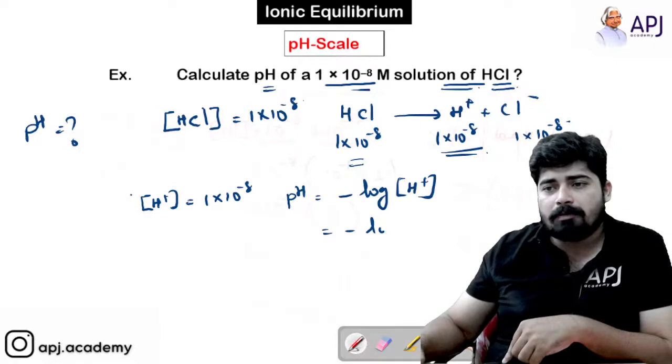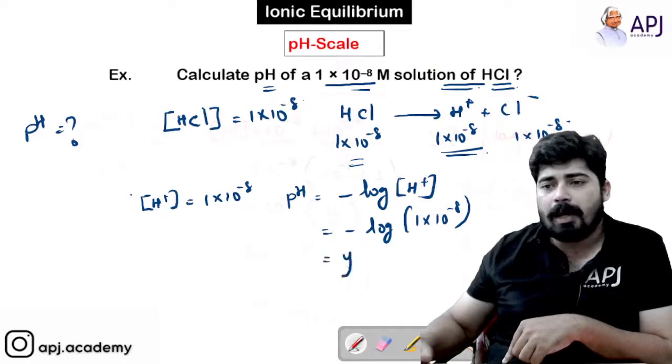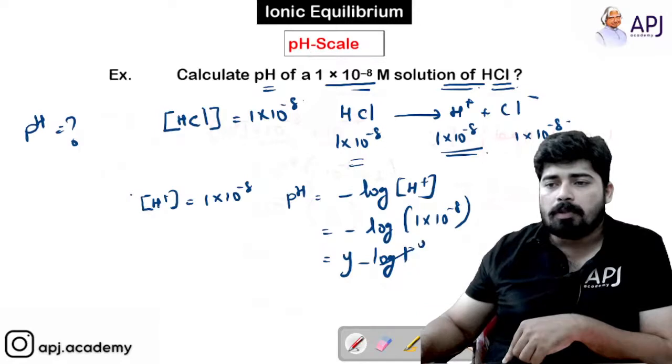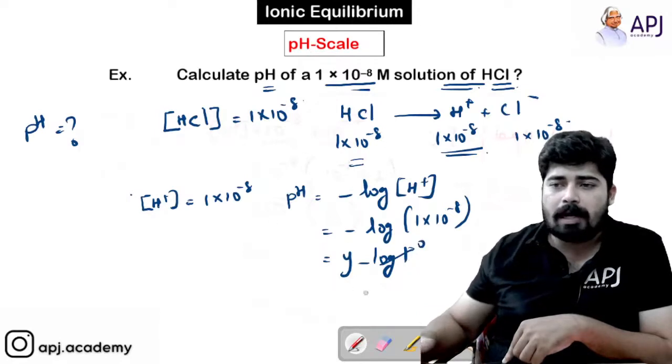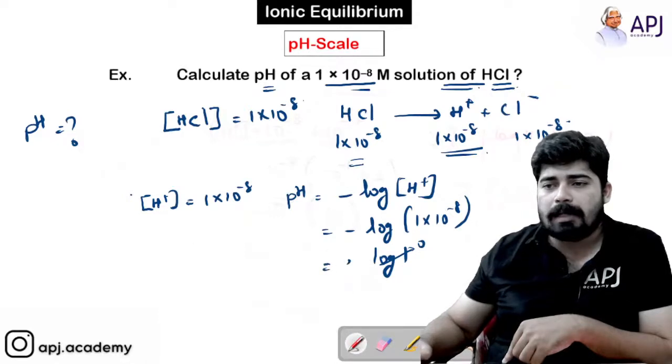So negative log of 1 into 10 raised to minus 8, that is x into 10 raised to minus y, so the answer is y minus log 1. Log 1 is 0, so 8 minus log 1, and the answer is 8.